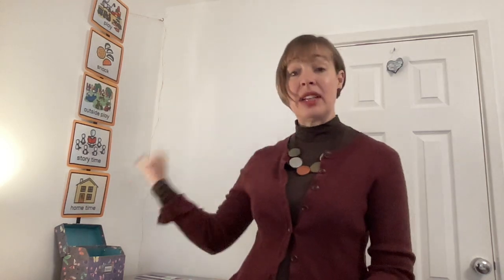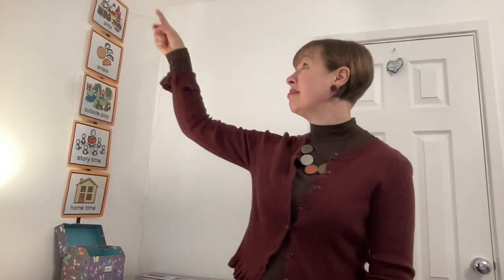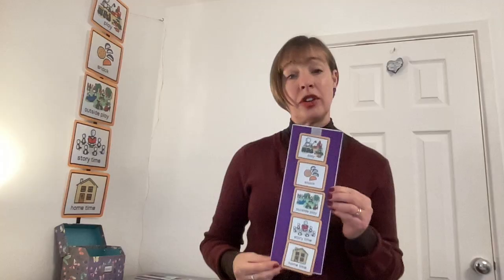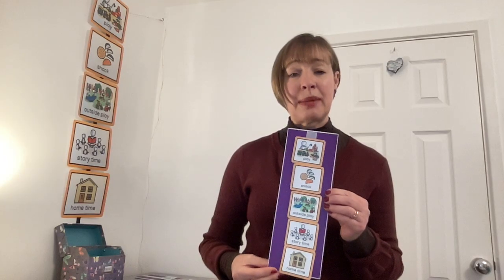So this is my group timetable, which I've got just attached to a ribbon with Velcro on it, that's then attached to a string going across the room. So quite easy to put up. I've made it by increasing the size of the images that I've got on my individual visual timetable.